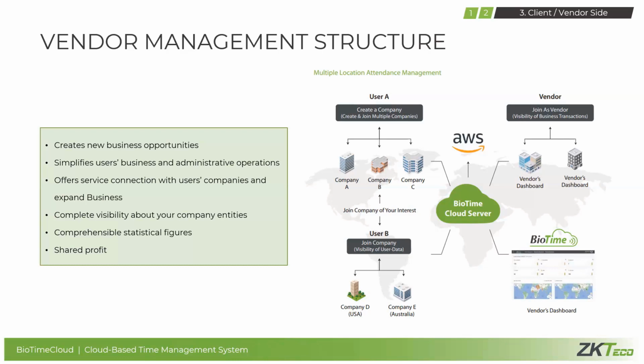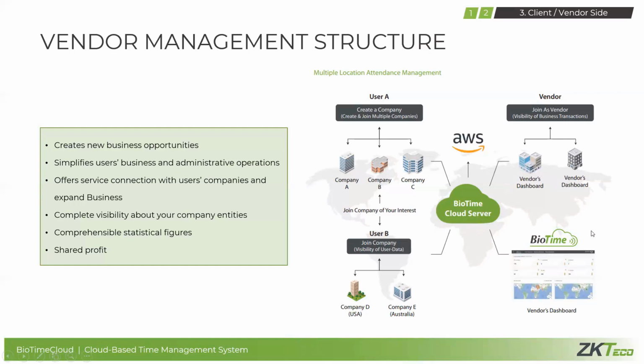As you can see here in the architecture, user A can create and join multiple companies. Here company A, company B, and company C are created as multiple companies, and they have the authority to join another company. Let's say user B joins another company and can see the visibility of user data. At the same time, a vendor dashboard can manage multiple companies.